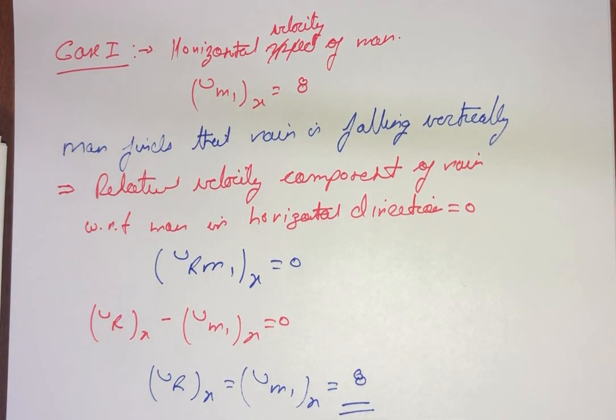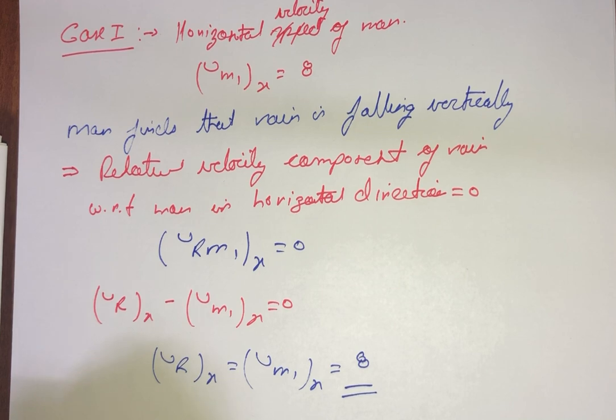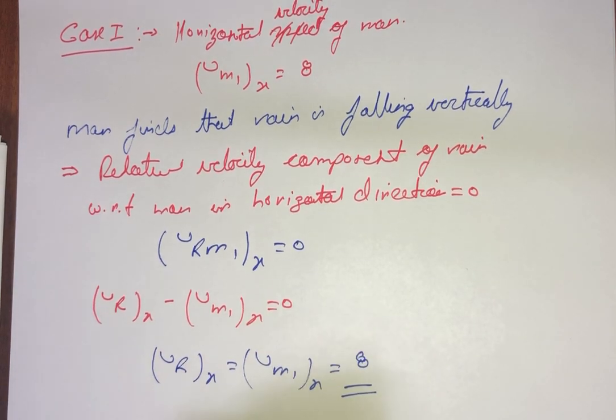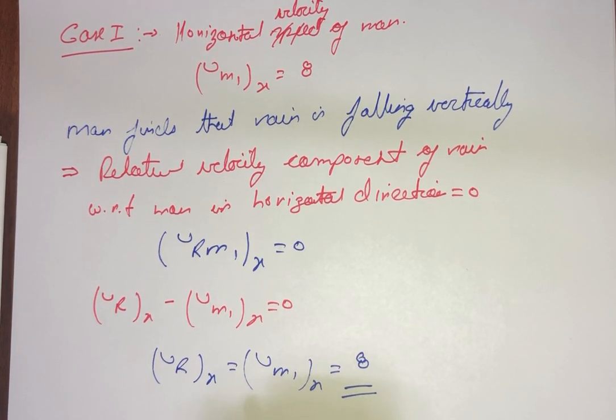Okay, now case 2. The man has increased his velocity to now 12.